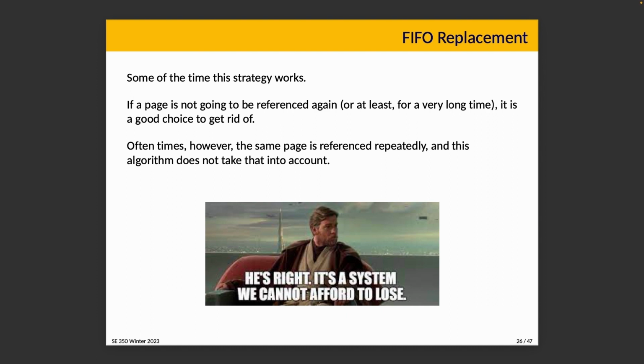But on the other hand, frequently the same page is referenced repeatedly, and this algorithm does not take that into account. If a page is referenced frequently, we want to keep it in memory. As Obi-Wan says, it's a system we cannot afford to lose. We don't want to evict it just because it's been in the cache the longest.